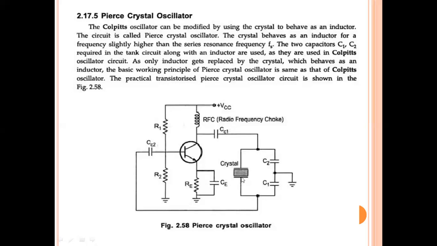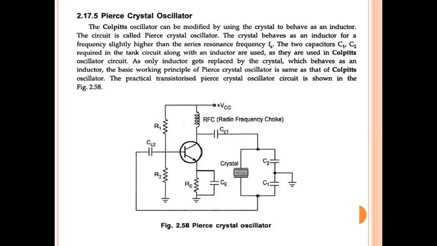Okay, so as we are using two capacitors and one inductor in the Colpitts oscillator, in a similar manner here also we are using two capacitors and one crystal. Here the crystal behaves as an inductor at one particular frequency, that is, when the crystal frequency is greater than the series resonant frequency, it behaves like an inductor.